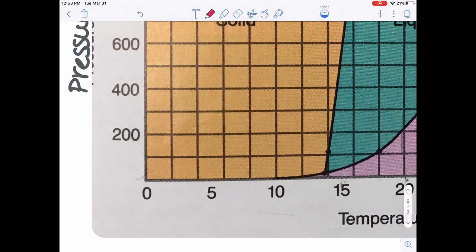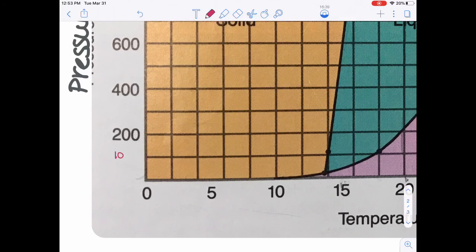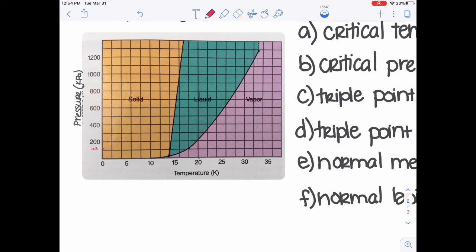I mean, it's on here, but it's just not labeled as obviously as the one up above. So again, standard atmospheric pressure, 101.325 is going to be right there. And the temperature is in Kelvin, still down along the bottom.